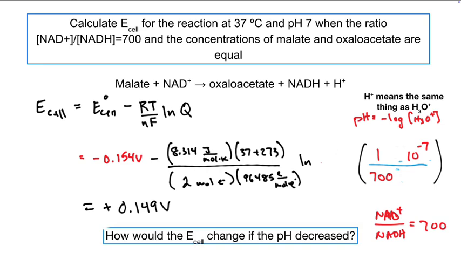Reread the question. The question tells us they're equal to each other. That's not an assumption made on our part. That was a statement of fact from the question. So you have to use that given information appropriately. And then are you responsible for knowing how to determine H plus from pH? Yeah. Right? Why are you responsible for knowing that?